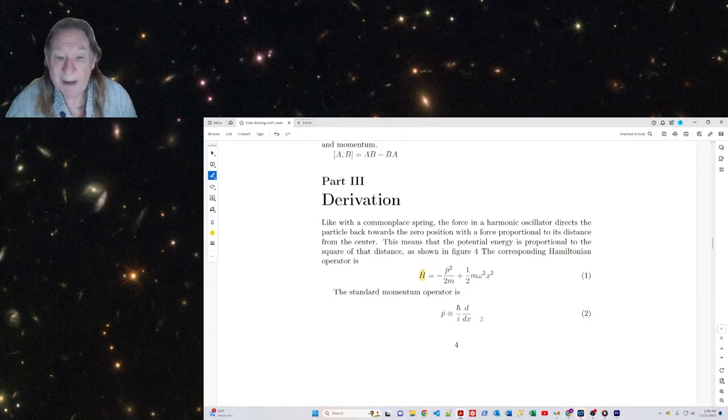It's the center. So this is the Hamiltonian. Here's the momentum operator, and Schrodinger just sort of pulled this out of thin air. It's a derivative. H bar is Planck's constant. It's a very small number. It's like 10 to the minus 34.